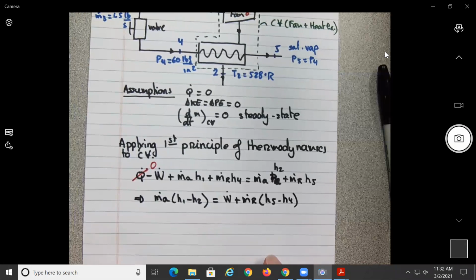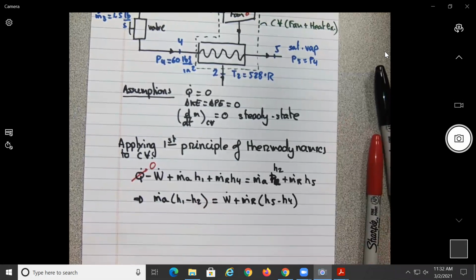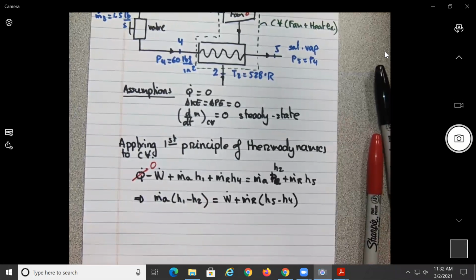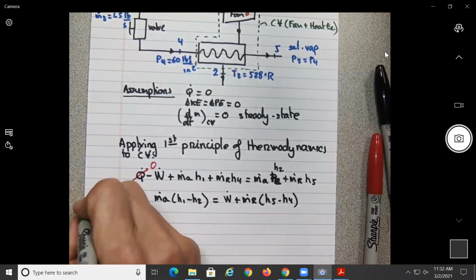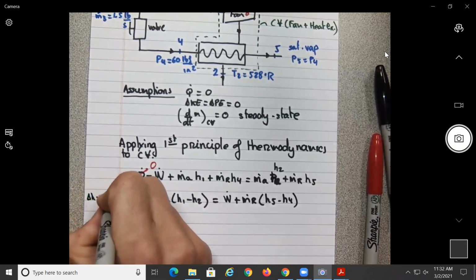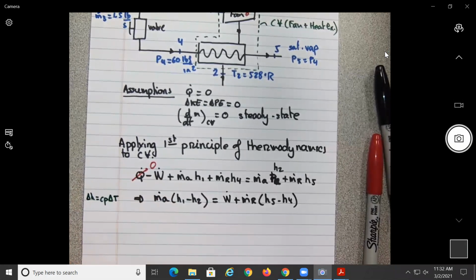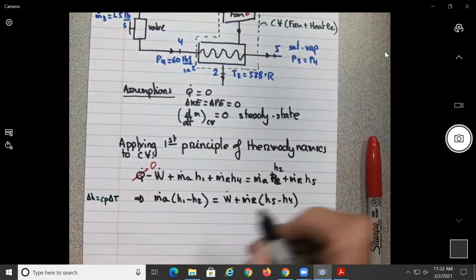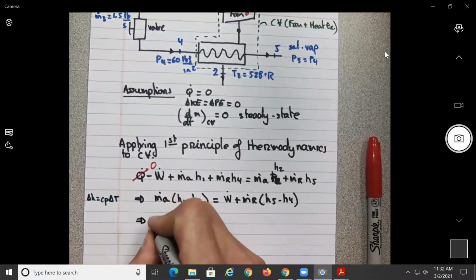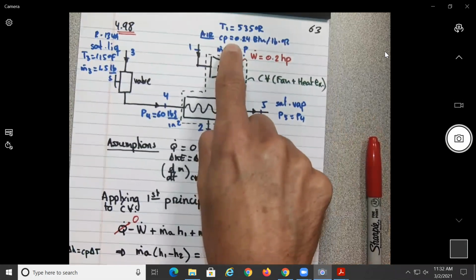Okay, so I hope that you remember this. If air is assumed as an ideal substance, what does that mean? That the change in enthalpy can be equal to what? Cp delta T, no? So I can rewrite this term over here as mass flow of air times Cp, because it gives us a Cp over here, that's why I'm using it.